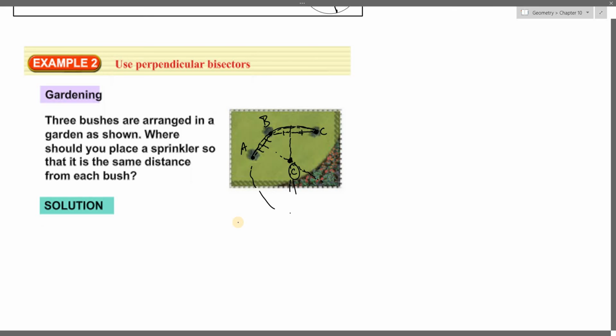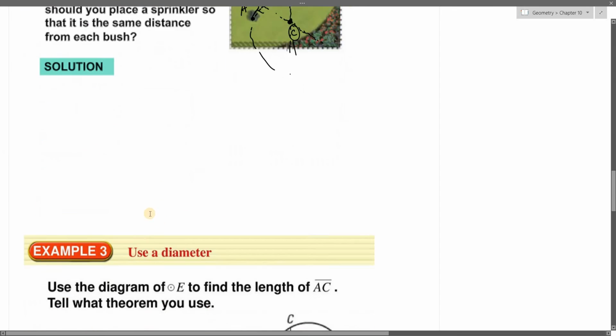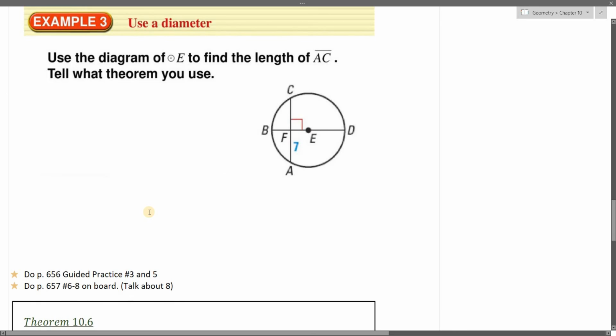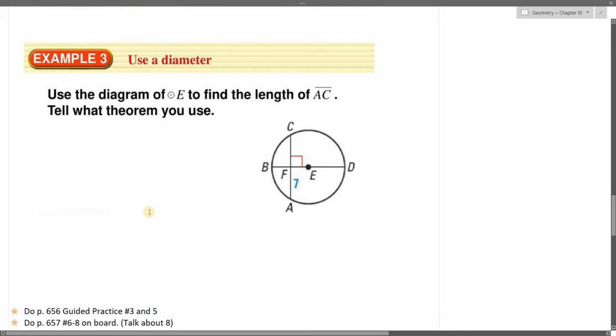All right, looking at 656, let's look at example 3. It says, all right, so real math now. Use the diagram of circle E to find the length of AC. Tell what theorem you use. Well, obviously we're using one of the most recent theorems here, but it says that AF is 7, so we know that, and we know that this is perpendicular.